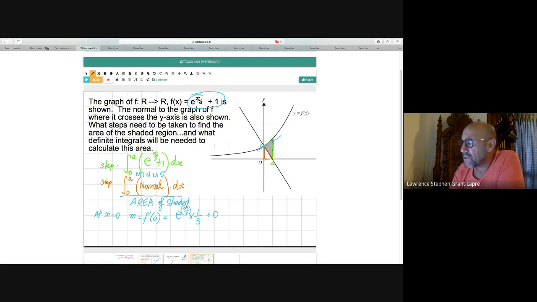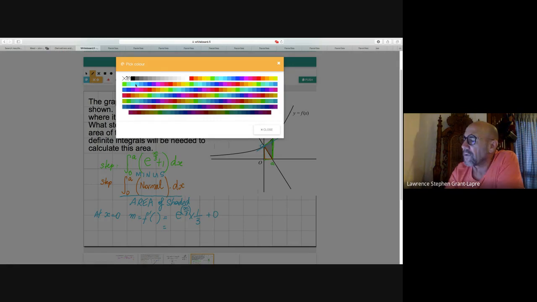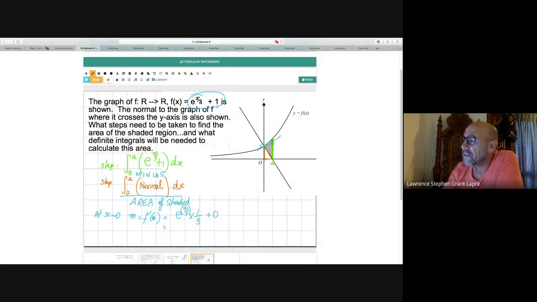And if you substitute 0 in here for x, you'll get e to the power of 0 times a third, which is a third times 1, which is a third.